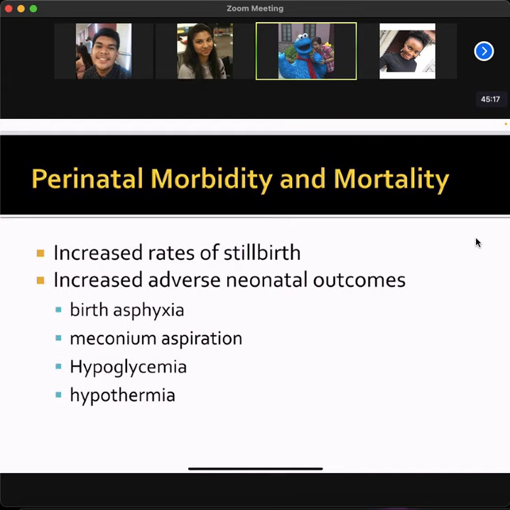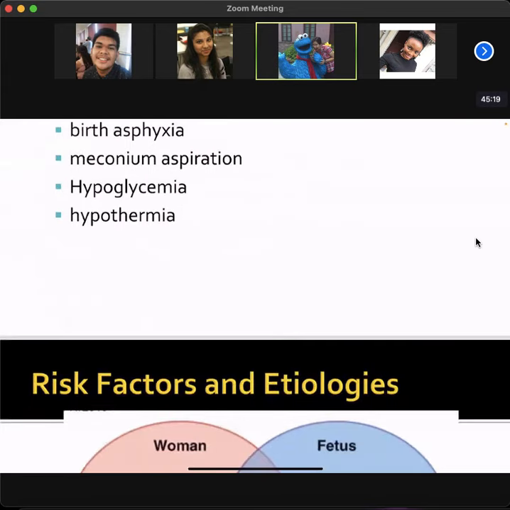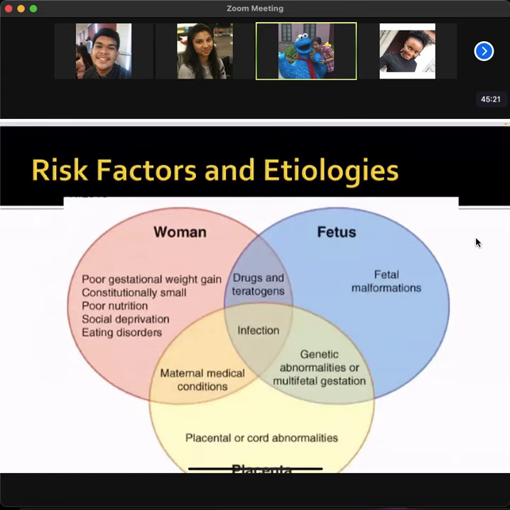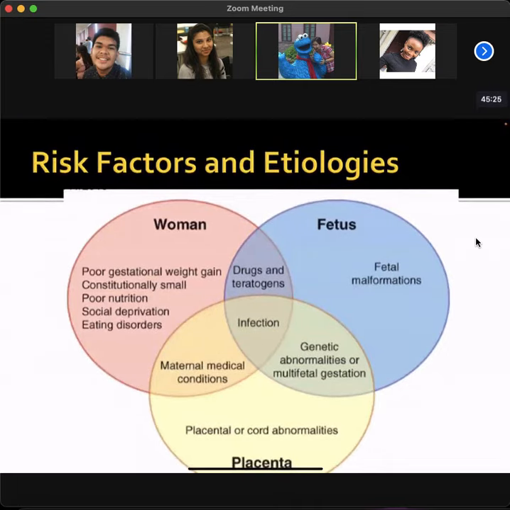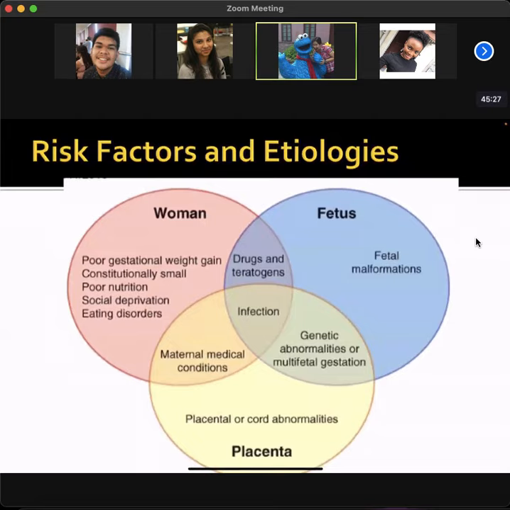Okay. These are the risk factors and etiologies for fetal growth restriction. Actually, the three are also applicable to fetal overgrowth, just the opposite. So if there's poor gestational weight gain for intrauterine restriction, for fetal overgrowth there is excessive gestational weight gain.